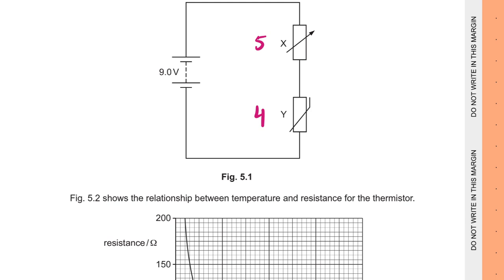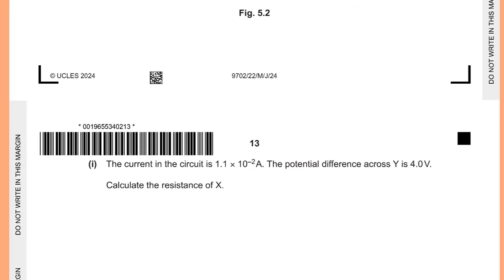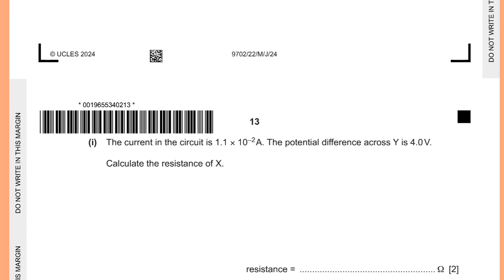So to find the resistance I can use V over I. Resistance is 9 minus 4 over 1.1 times 10 to the negative 2. So this turns out to be 450 ohm, correct to 2SF.